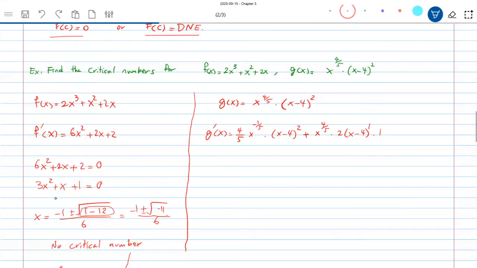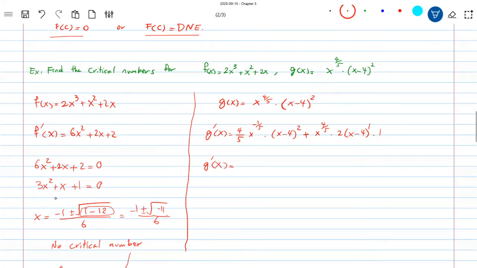Okay, so simplify it and factor out stuff. G prime x would be, here, they both have x minus 4 in common. And what is left from the first one is 2/5 x to the power negative 1/5, and I write it in the denominator as x to the power 1/5. The numerator is x minus 4 for the first term.